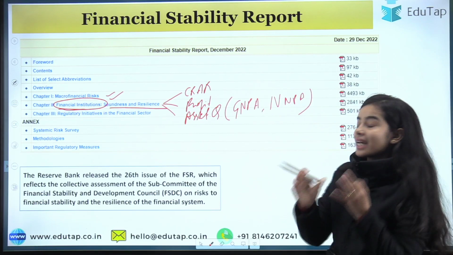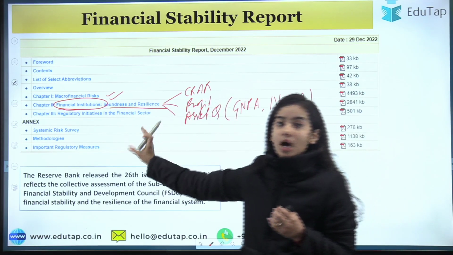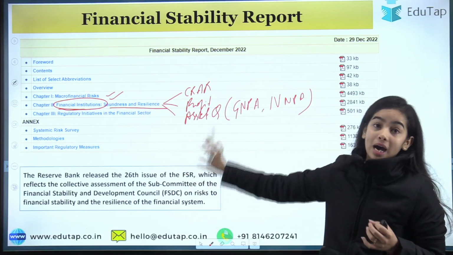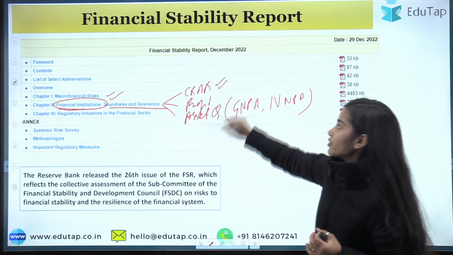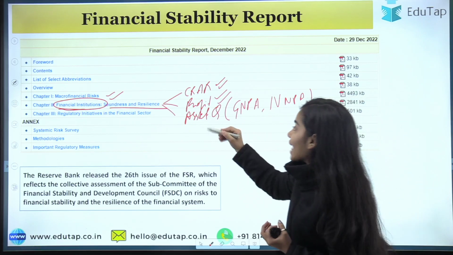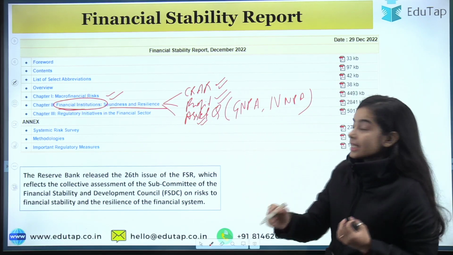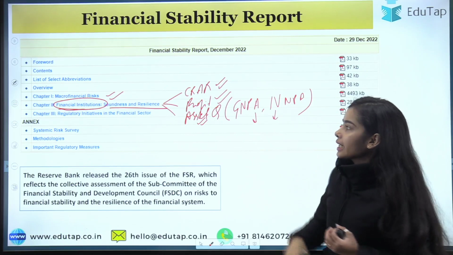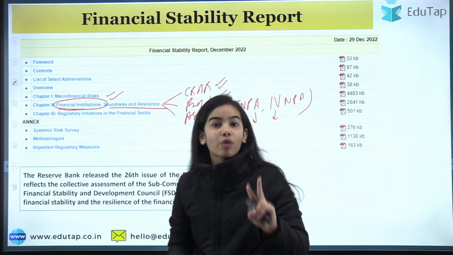So we saw how resilient and sound the financial institutions are, as they have good capital buffers, enhanced profitability, and good asset quality, that is, their non-performing assets are decreasing. So these two chapters we have already done.